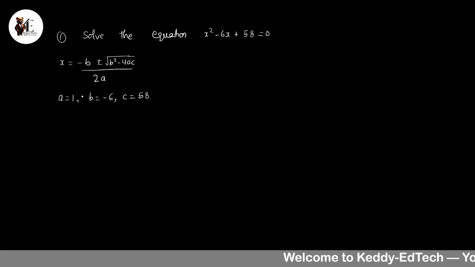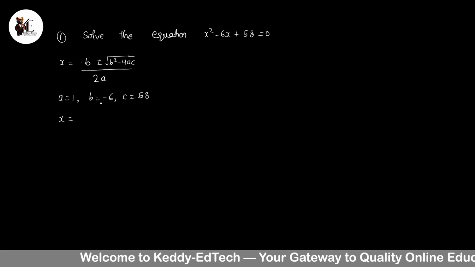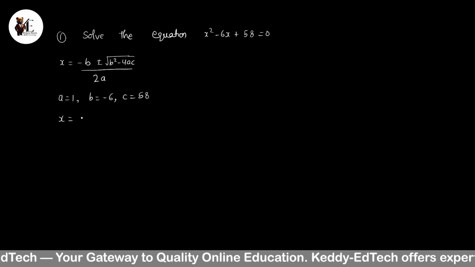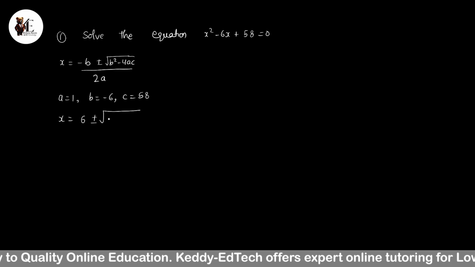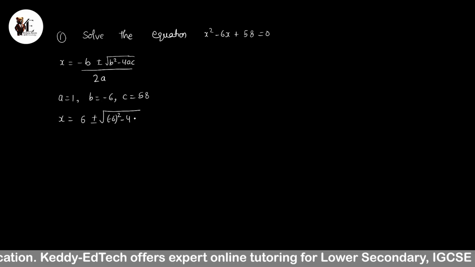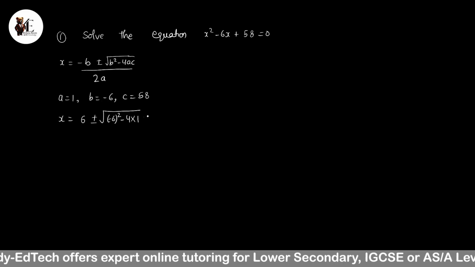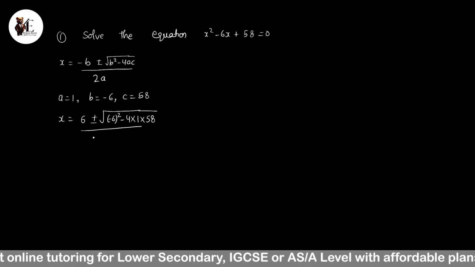Now I am substituting these values in the formula. So x is equal to minus b, and b is negative 6, so there will be two negative signs which will make a positive. So minus b will be positive 6, plus minus, b square means negative 6 square, minus 4 into 1, a is 1 and c is 58, over 2a.